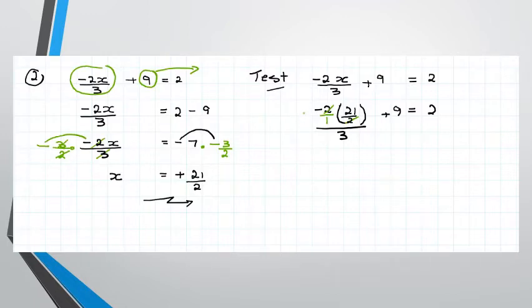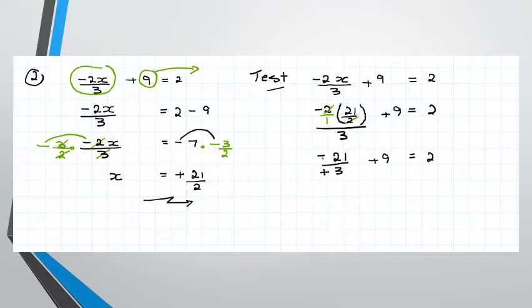What am I left with now? I'm going to be left with minus 21 divided by 3 plus the 9 equals 2. Then minus, and I do know underneath actually stands a plus.